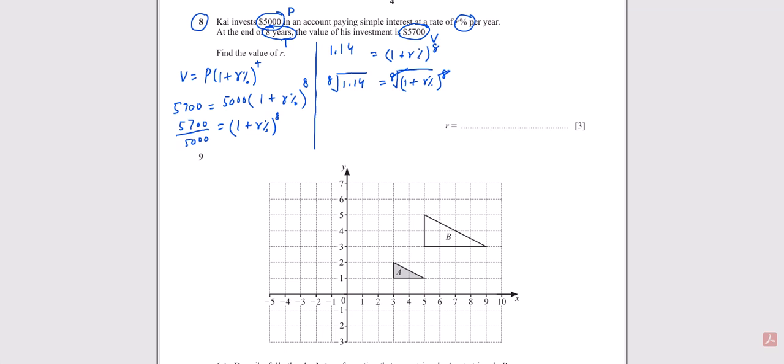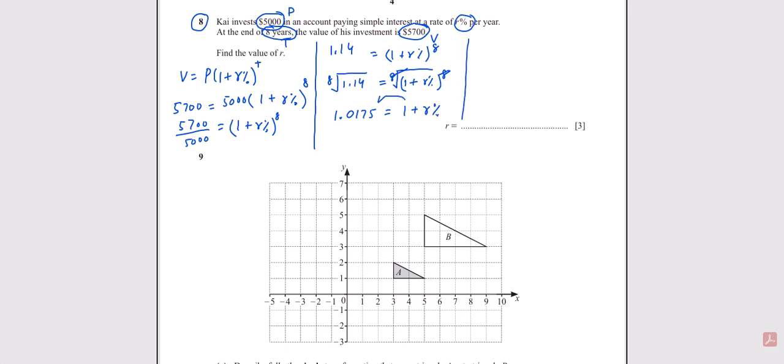Calculate these values, the 8th root of 1.14 is equal to 1.0175, which is equal to 1 plus r percentage.